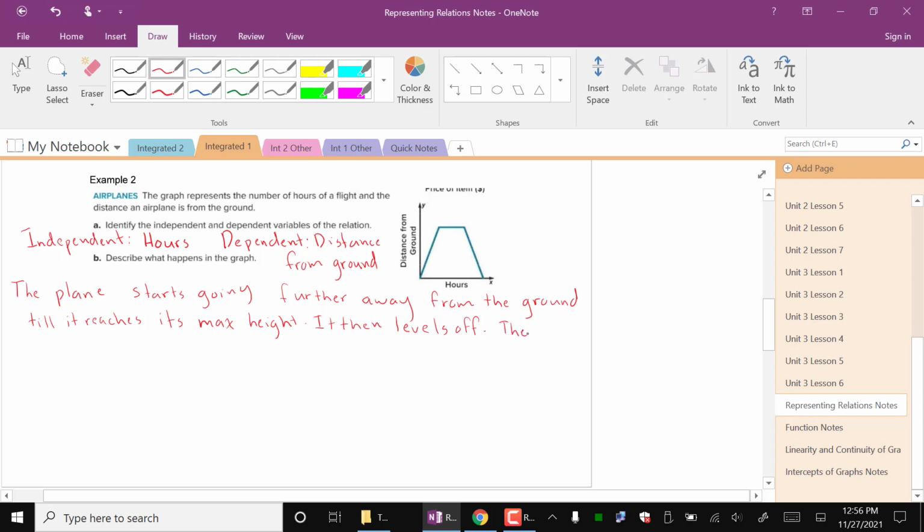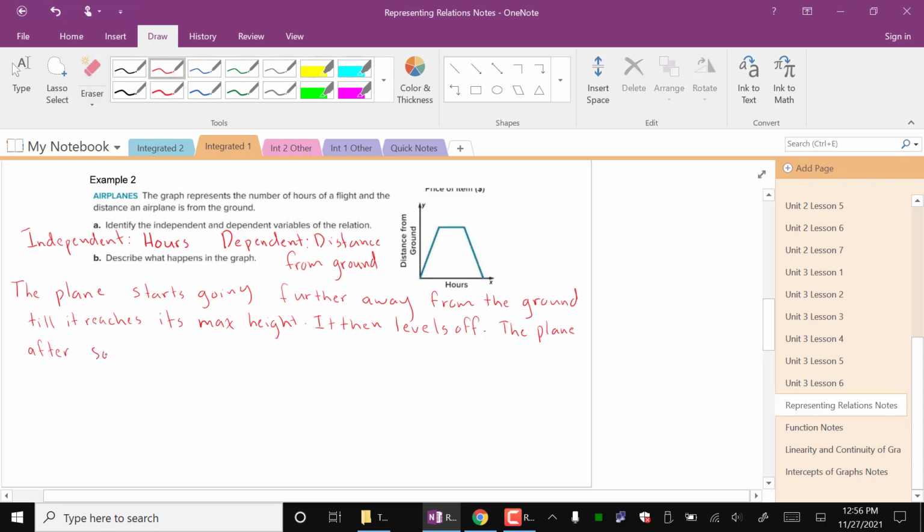The plane, after some time, let's space this out a little bit.